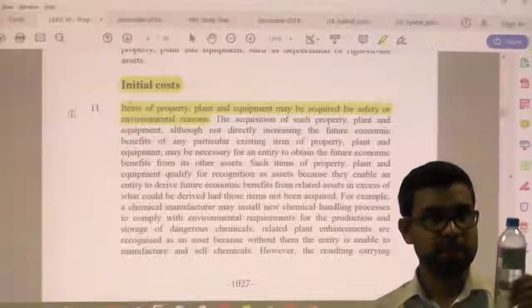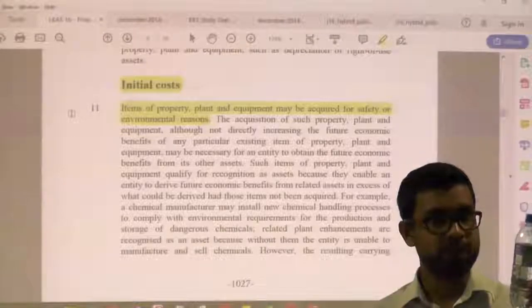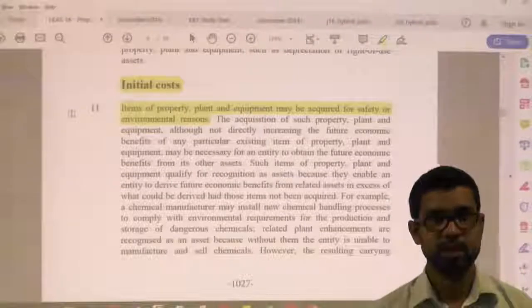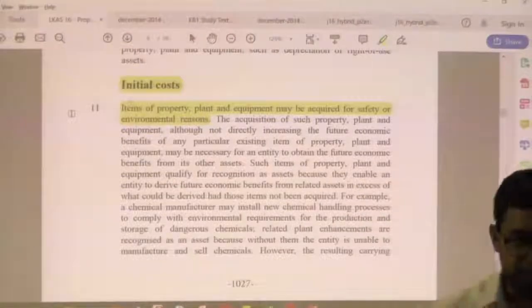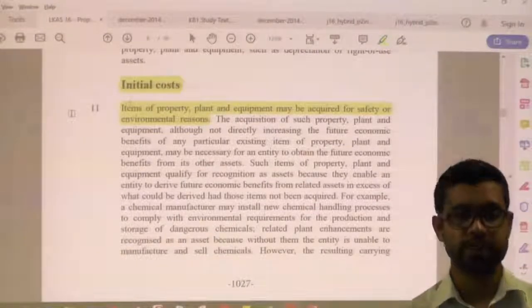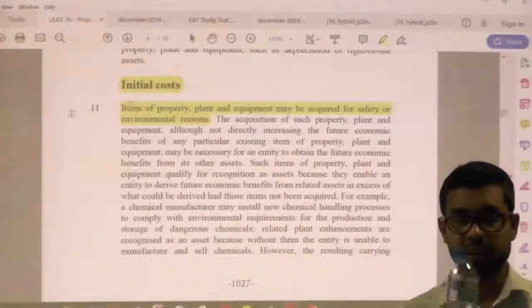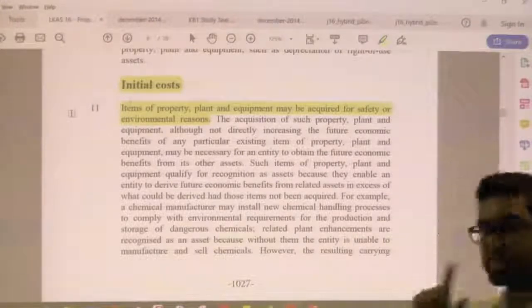But because of safety and environmental reasons, I need to store this in a safe place. Even if I keep this asset in this location or safe place, the same economic benefit will flow to the entity. But due to legal and regulatory requirements, I have to store it in a separate place. If so, what is the accounting treatment?